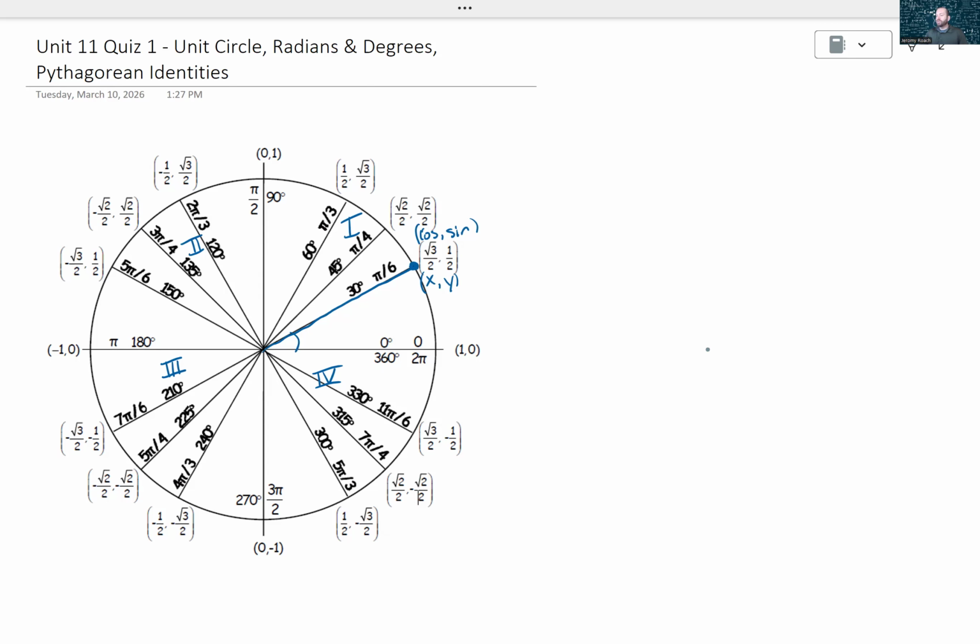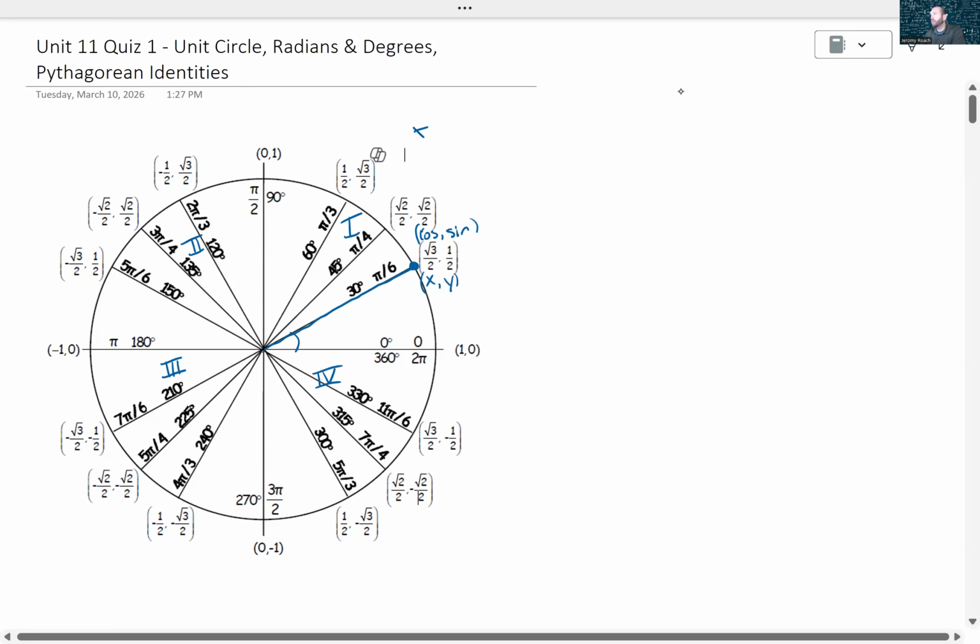Our circle also goes counterclockwise, so it might seem a little backwards to you. A clock ticks this direction, but our unit circle, when we're talking about things in trigonometry, goes this direction. It goes counterclockwise.